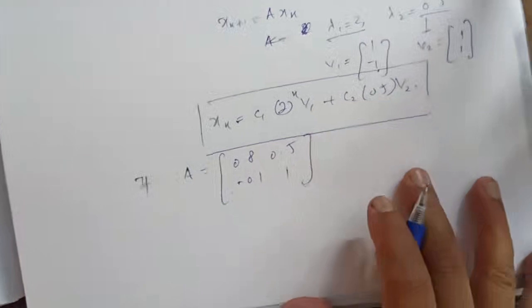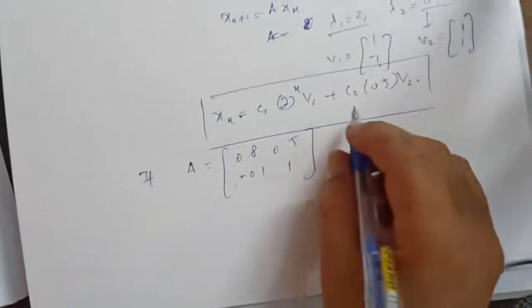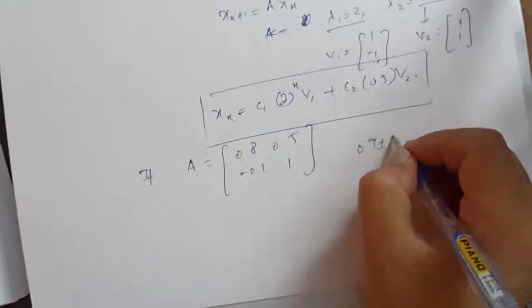Now in this case the eigenvalues are 0.9 plus minus 2 iota.